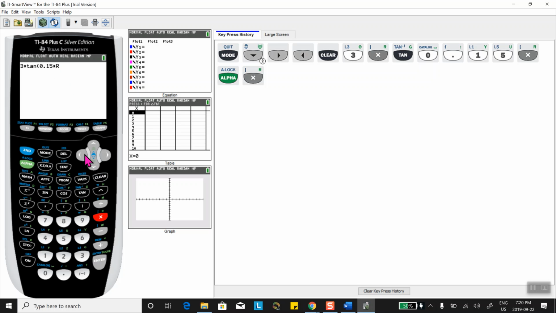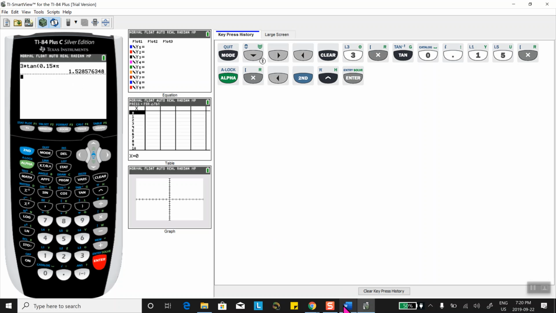So let's backspace. We want pi, so pi must be somewhere here. Pi is widely used, so it must be somewhere. Oh, it's right there. I think it's this one. So second there. Oh, right there. See that? Pi. And then you can close the parentheses, hit return, and you're going to get your answer.